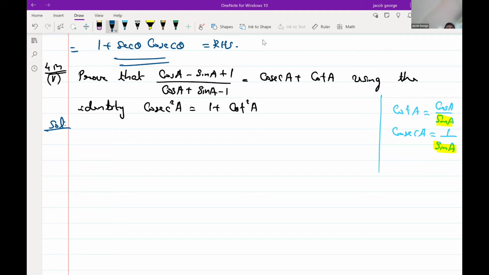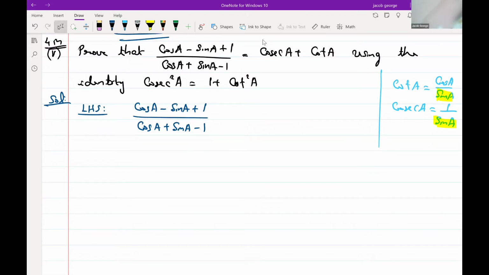So we take the LHS. LHS is (cos A minus sin A plus 1) upon (cos A plus sin A minus 1).